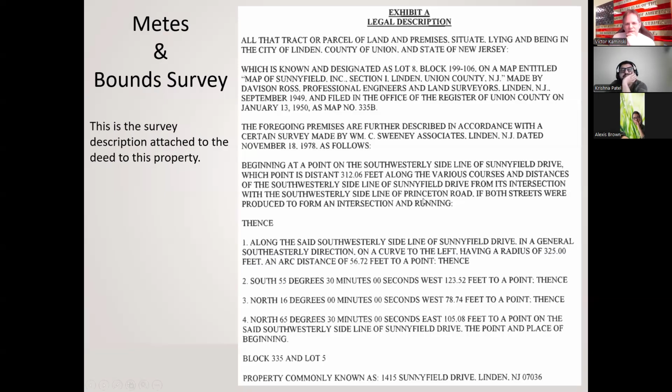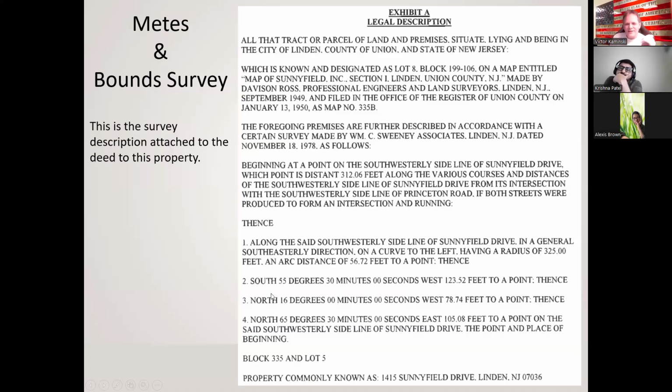So it gives this starting point to let you know where your point of beginning is. And then they start all of their measurements. See, the front of the lot is a radius because there's a bend in the road. So they're talking about it curves to the left, having a radius of 325 feet with an arc of 56.72 feet.